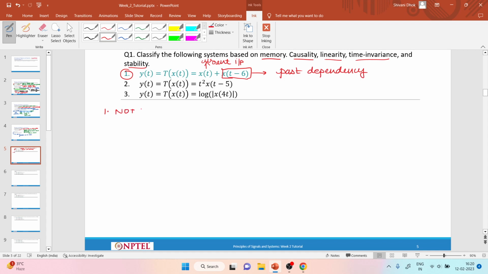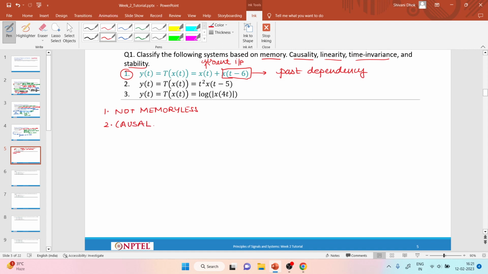But the output depends only on the current and the past input, which means that it is causal. Since there is only a past dependency, it is causal.